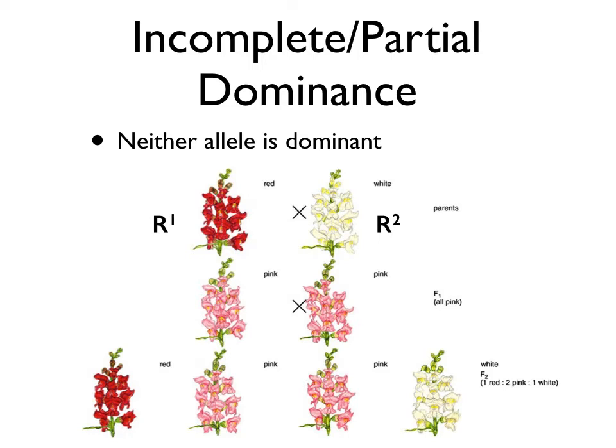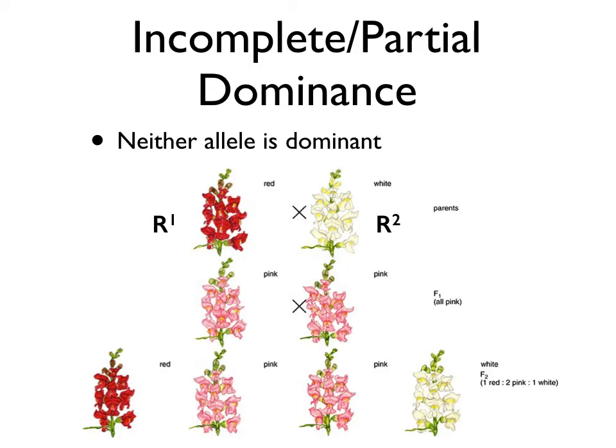What we have here in this F2 is the same genotypic frequency. 1 R1 homozygote for every 2 heterozygotes for every 1 R2 homozygote. Okay? So this genotypic ratio is exactly the same as these simple dominance examples that we worked through in chapter 3 with Mendel's pea plants.